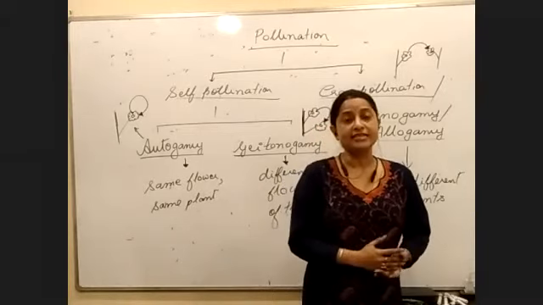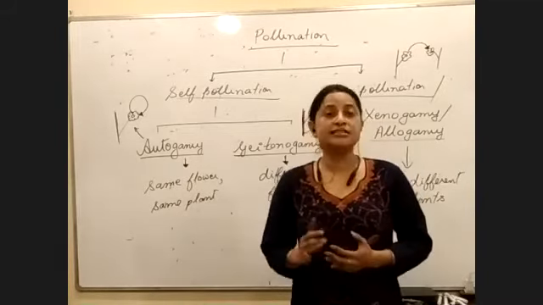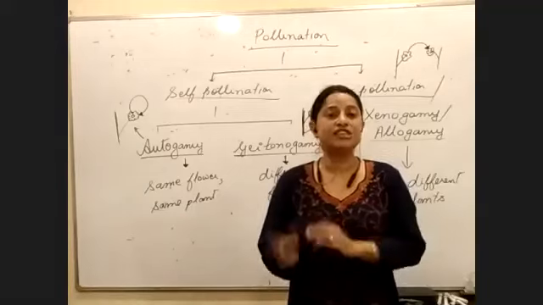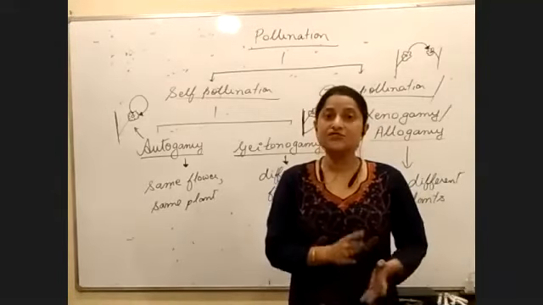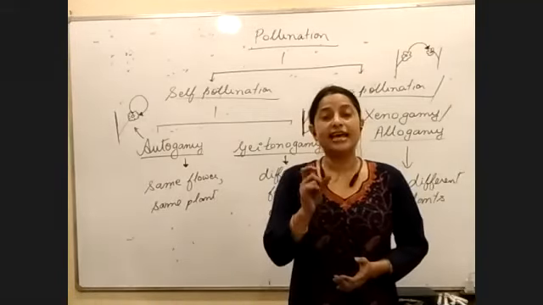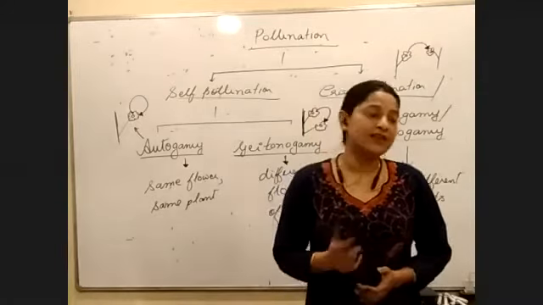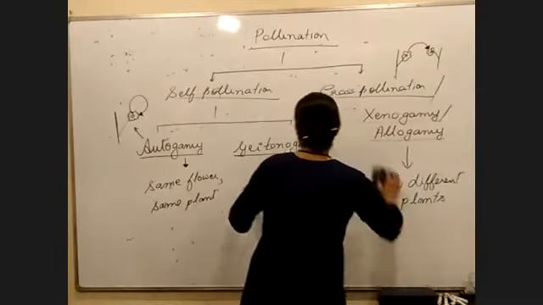But the point is, if a plant undergoes self-pollination continuously for generations after generations, it will lead to a condition called inbreeding depression. Have you heard this word? Yes, ma'am.